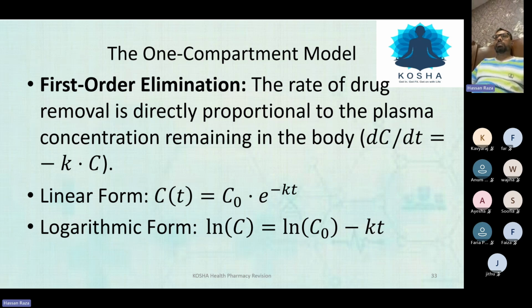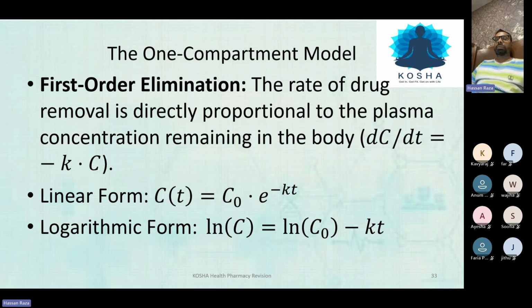For example, you are trying to measure the concentration of vancomycin. How do we administer vancomycin? We basically give a 1 hour infusion of vancomycin, and let's suppose your physician or the pharmacist has asked you to take the peak level.